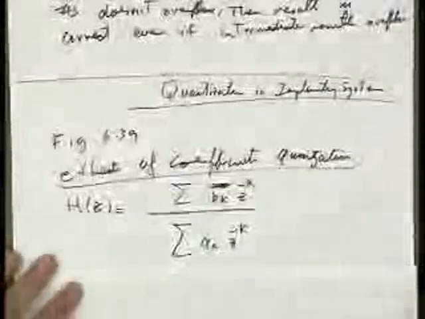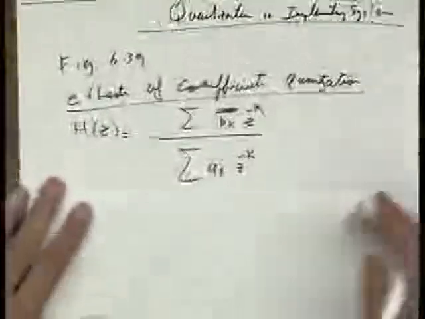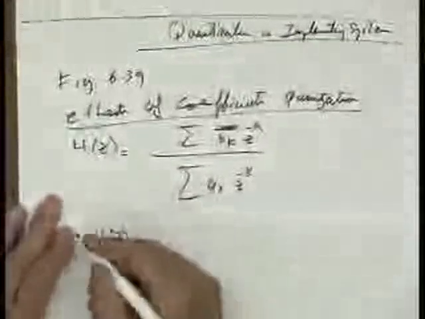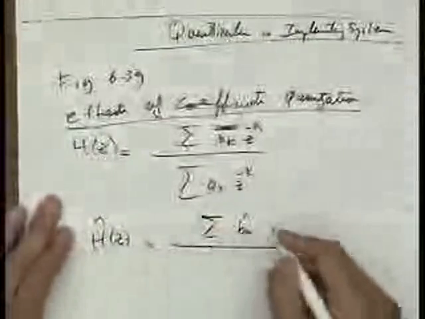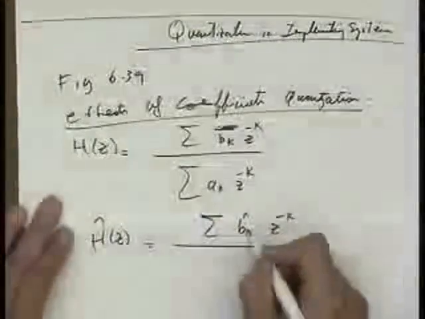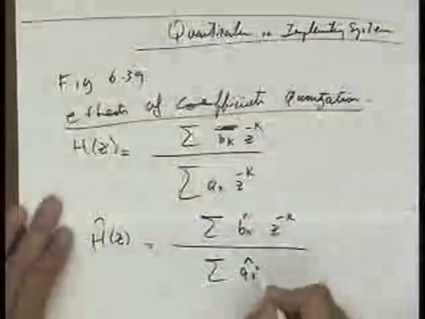In a painstaking way, I've finally designed it. First I designed my algorithms, then my algorithm said I need an IIR filter, then I designed the IIR filter, and now I have to implement it. Now when I do that, one source of error is that my coefficients are quantized. So I put b sub k hat and a sub k hat.